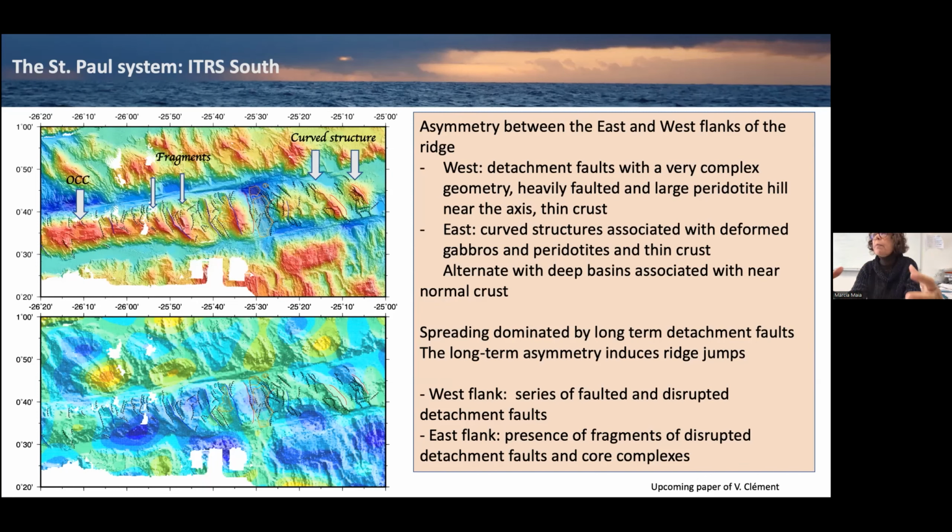It's very asymmetrical. And one of the main means of recovering this asymmetry is through small ridge jumps that are going to rupture the detachment surface, leaving fragments in both flanks of the ridge.